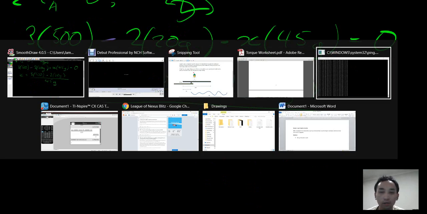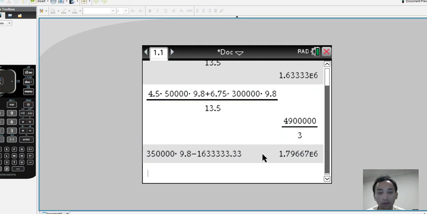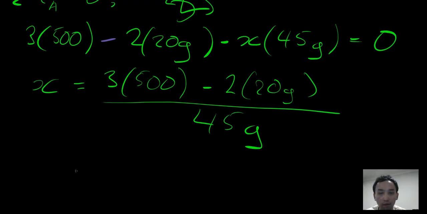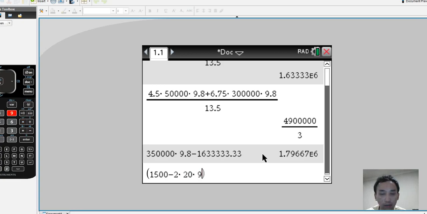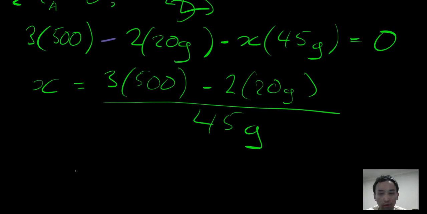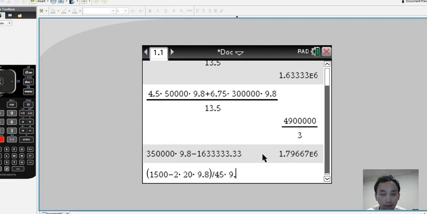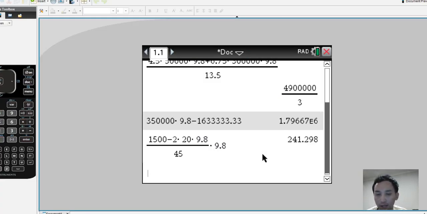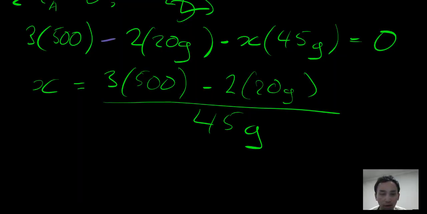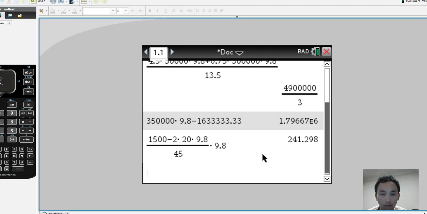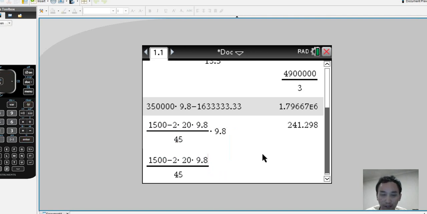And we're going to solve this on the calculator. Okay, what do we have? 1500 at the top minus 2 times 20 times 9.8, divided by 45 times 9.8, and this gives us 241. Oh, okay, that didn't make too much sense, 241 meters. Let's retype this out. Bottom is 45g.